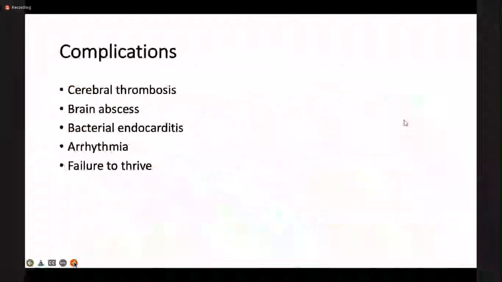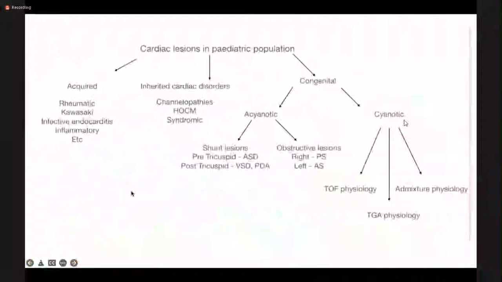So basically, this is what you should know. So in cardiac lesions, there are acquired causes and congenital. So under acquired, you should know rheumatic, Kawasaki, infective endocarditis. So these conditions you should know. And then congenital, we can again divide into acyanotic and cyanotic.